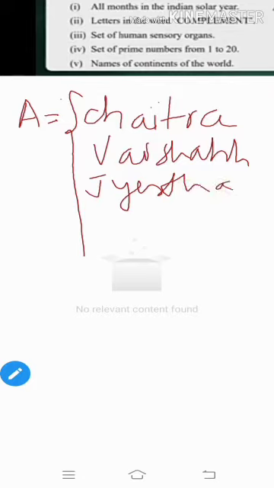Under that, the first one is Chaitra. Second one is Baisakh. Third one is Jyeshtha. Fourth one is Ashadha.